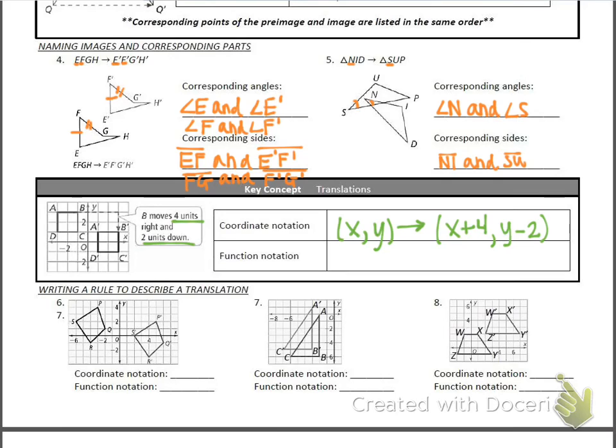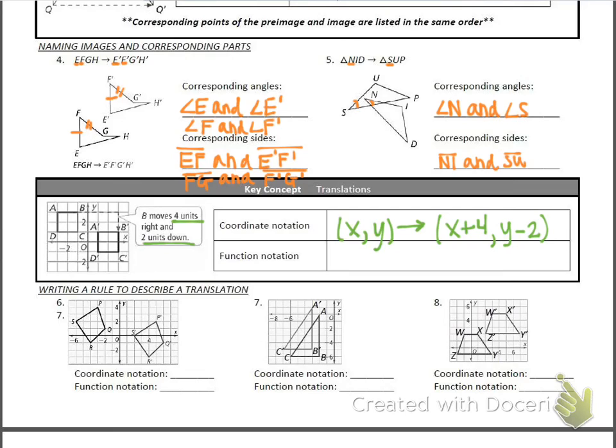We also have what is called function notation. And I'm going to do functions in blue. Function notation is a little trickier. Each rigid motion has a different letter that represents how it works.